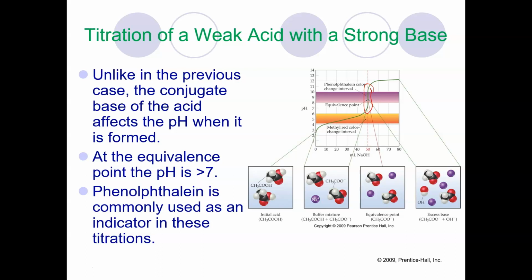So if we look at this, the methyl red changes color, but it doesn't change color at the equivalence point. The equivalence point happens up here. And so phenolphthalein changes color at the equivalence point, which is why phenolphthalein is the indicator that we use for weak acid, strong base titrations. Methyl red would change color. It just wouldn't change color at the right time. You would think you were at the equivalence point when you really weren't.